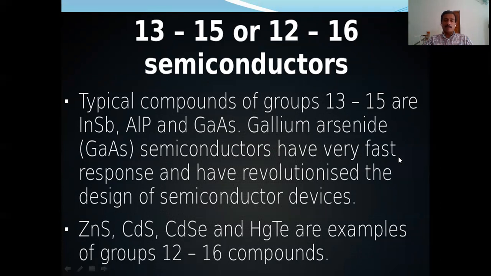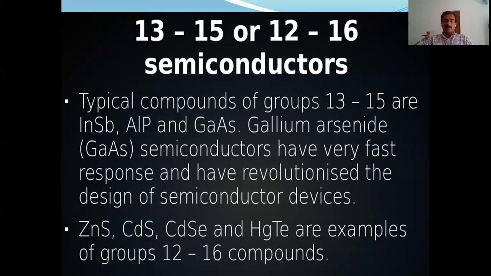Typical compounds of group 13 and 15 are InSb, AlP, and GaAs: indium antimonide, aluminum phosphide, and gallium arsenide. Gallium arsenide semiconductors have very fast response and have revolutionized the design of semiconductor devices.